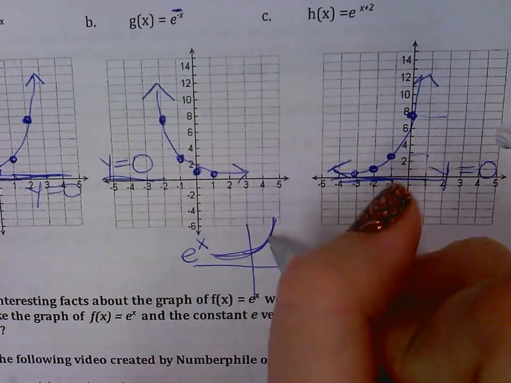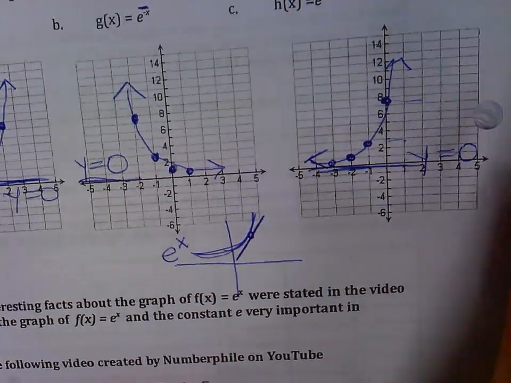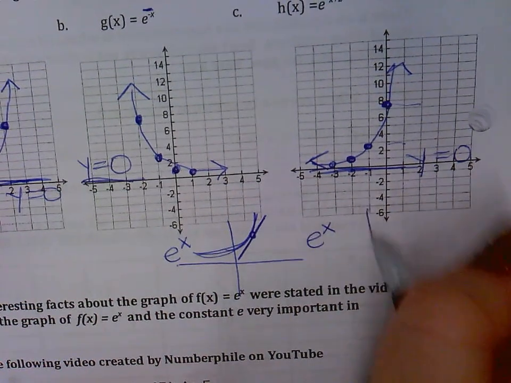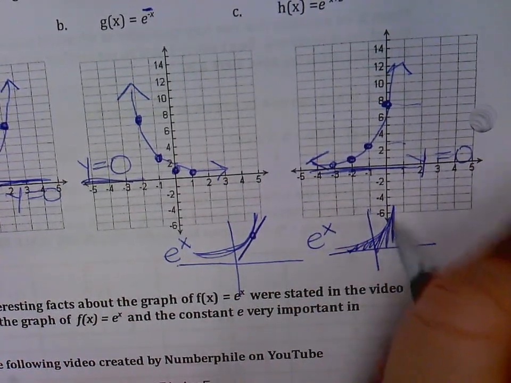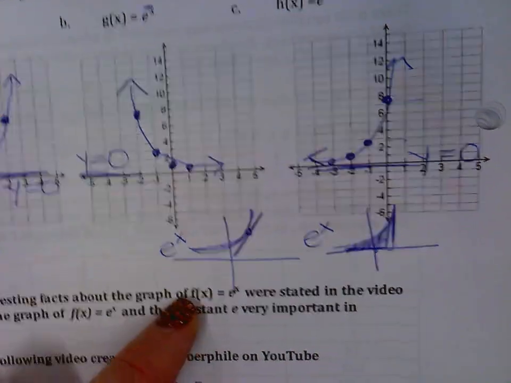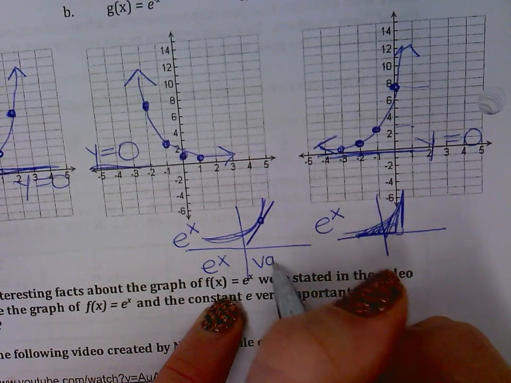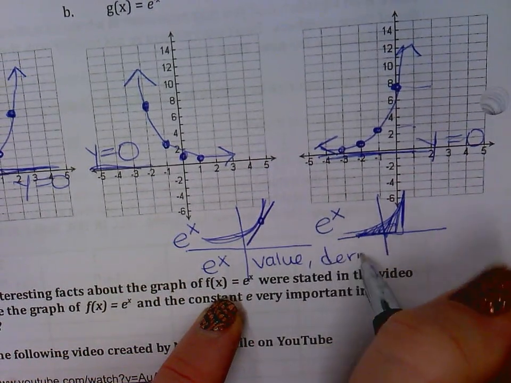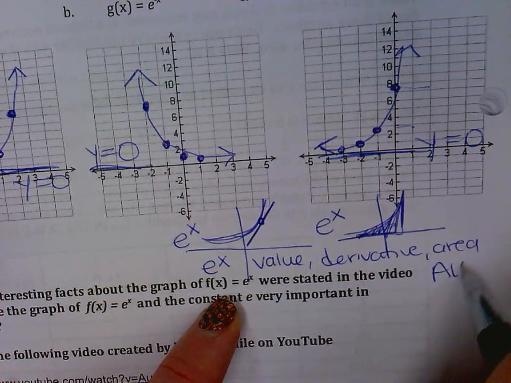Derivatives are these tangent lines on the curve, and you also study area under the curve. So the second half of calculus is figuring out how much area is under the curve. So at e to the x, the value, the derivative, and the area are all equal.